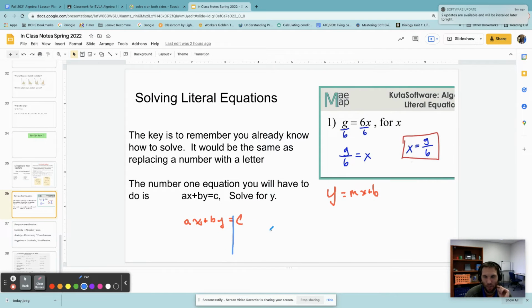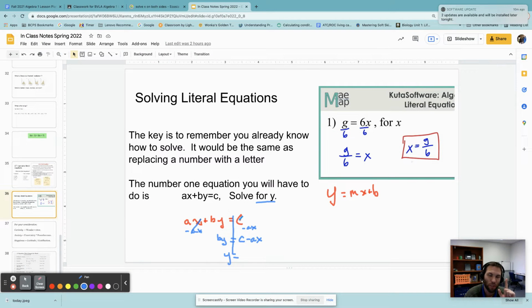But how do you solve for y? So we want to solve for y by itself. So we want y right here. So minus ax, minus ax. So it'd be by equals c minus ax. So you see how we just use that same inverse operation? Take y and you add ax to it, so you subtract it from both sides, and then you apply like terms.